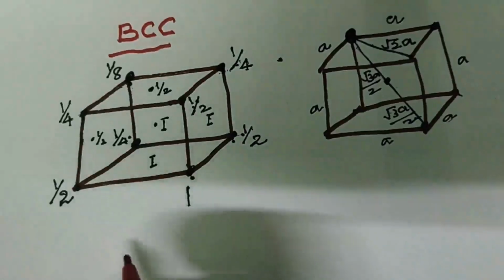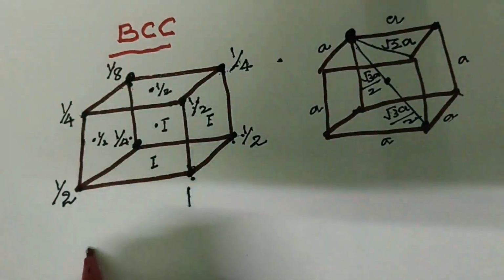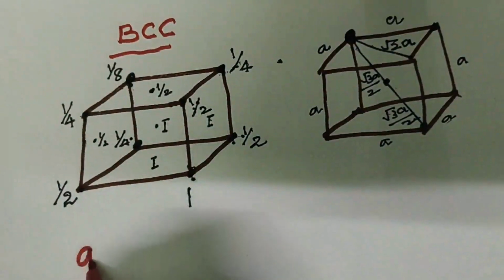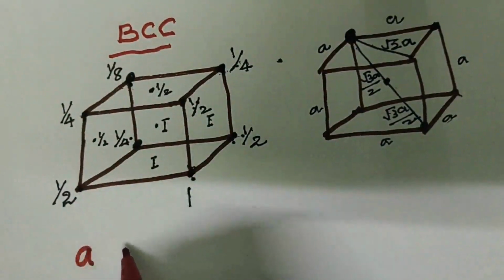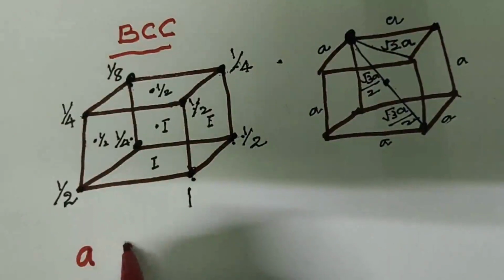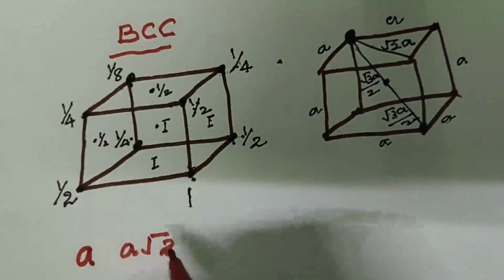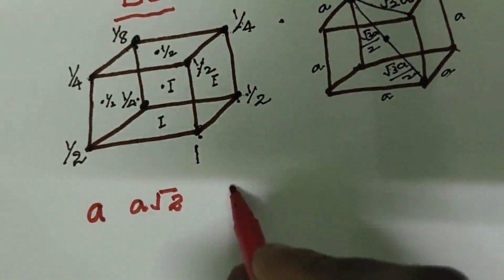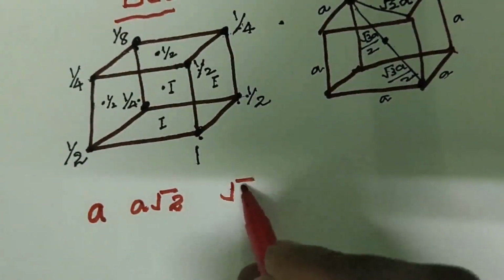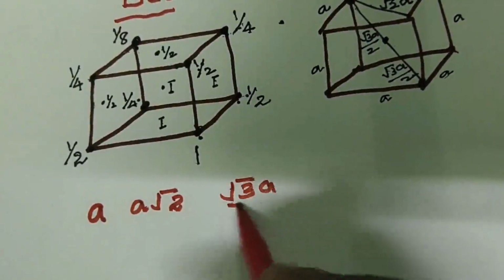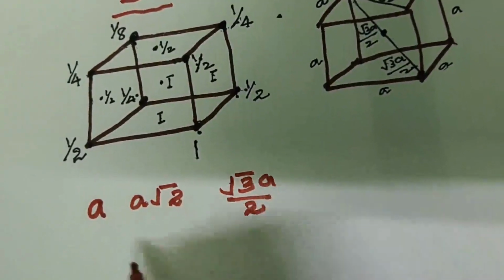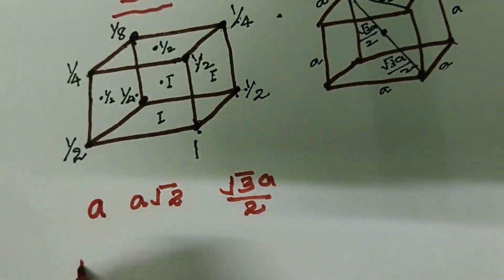Then these values: the edge length a from the corner, the face diagonal a root 2, the body diagonal root 3 a by 2. So this is considered as 1a or 1.